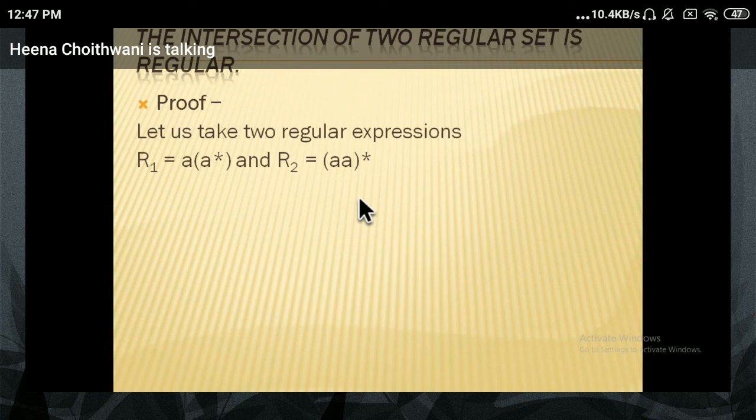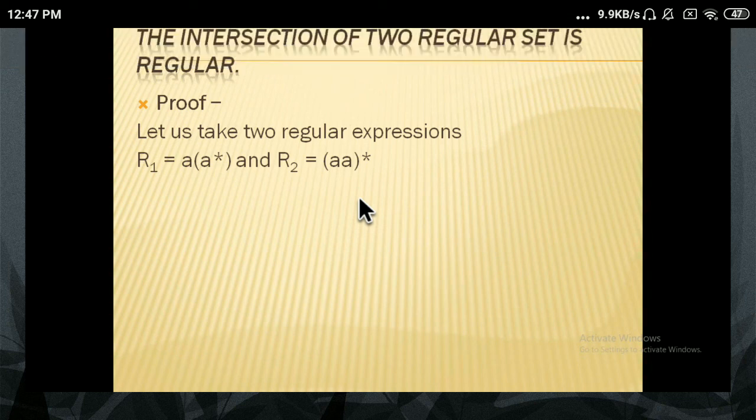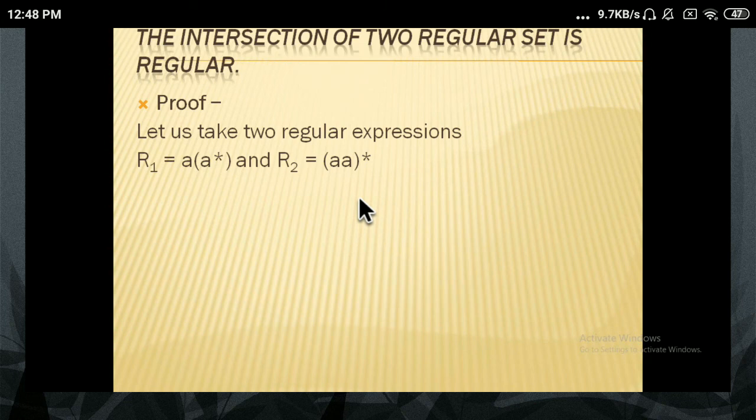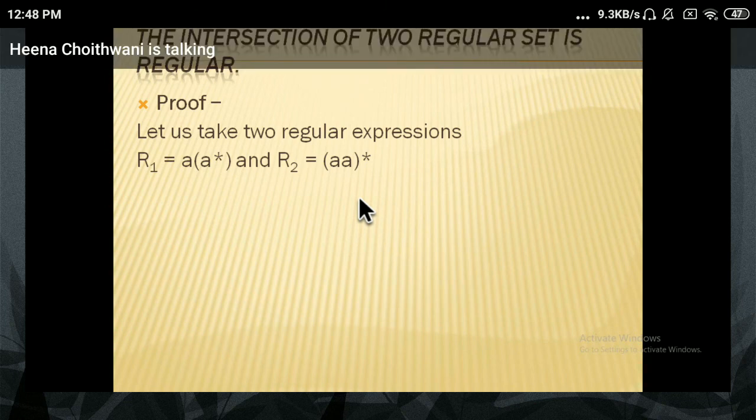And R1 has A plus, meaning all possible strings of A excluding epsilon. Do we have epsilon in R2? Yes, but in R1 we don't have epsilon because one A is fixed.